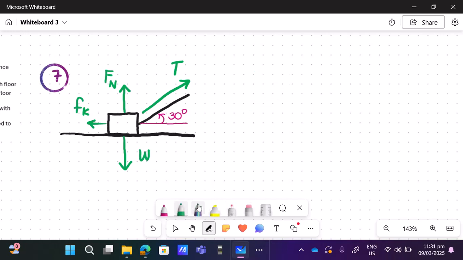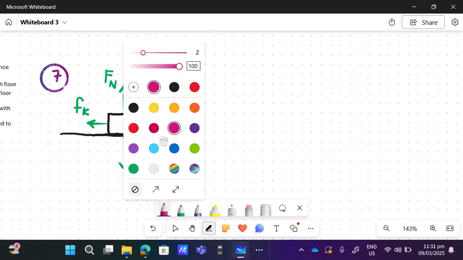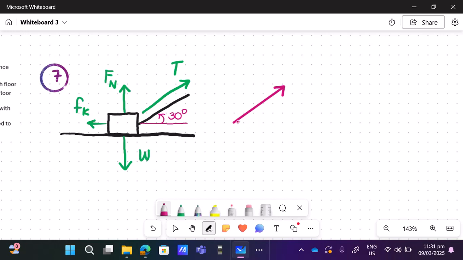So this is T. And then it has a horizontal and a vertical component. Okay, and this is 30 degrees.